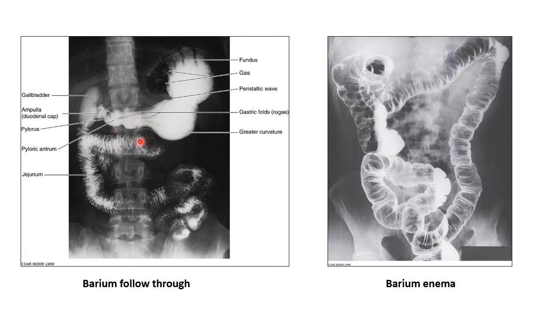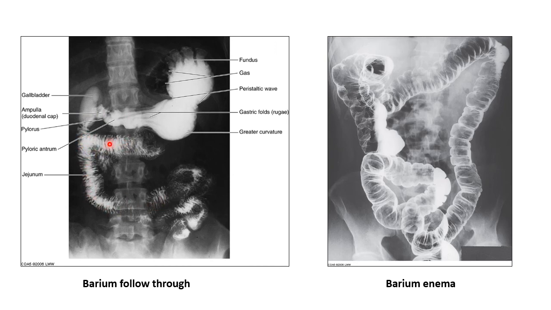On this image, you can see the stomach, but you also can see a big part of the small intestine. So that's the duodenum, and then you can see the jejunum. Now we don't call it swallow, we don't call it meal, but we call it barium follow through. The barium has reached the parts of the small intestine.